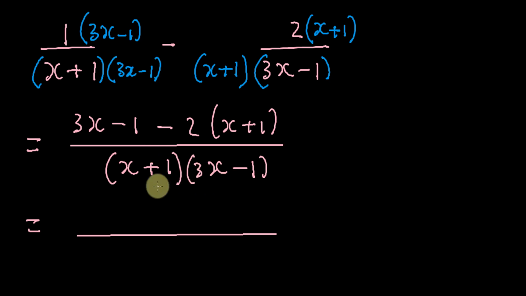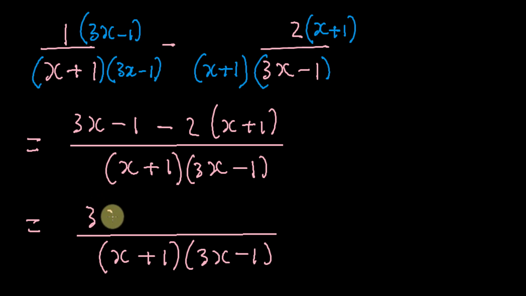So note that we don't multiply out the denominator. Let's multiply the negative 2 into the brackets here. So negative 2 times x is negative 2x, and negative 2 times positive 1 is negative 2.